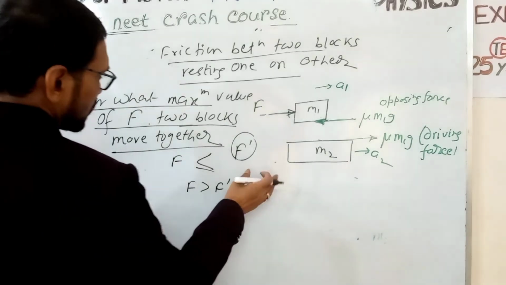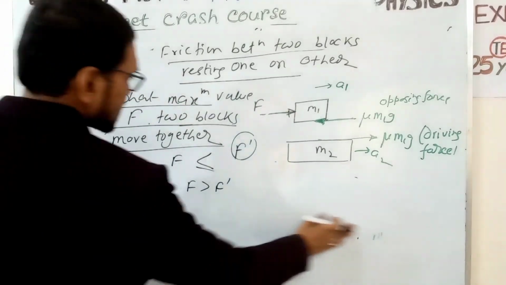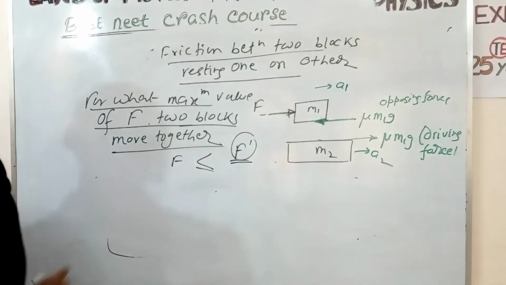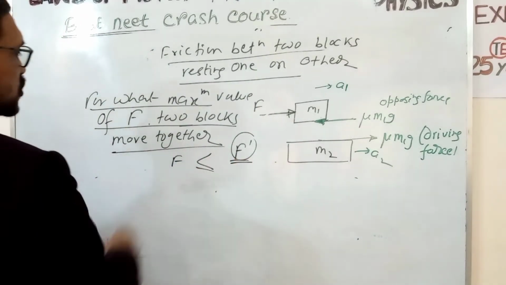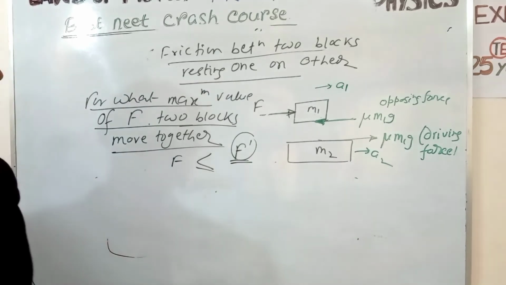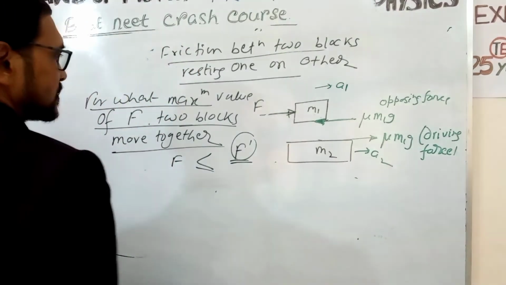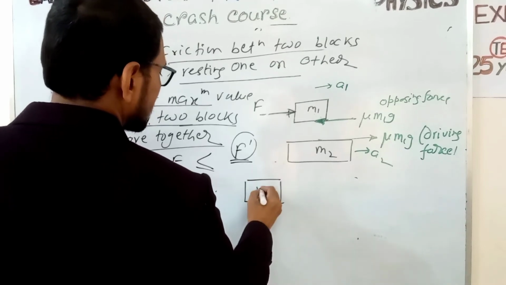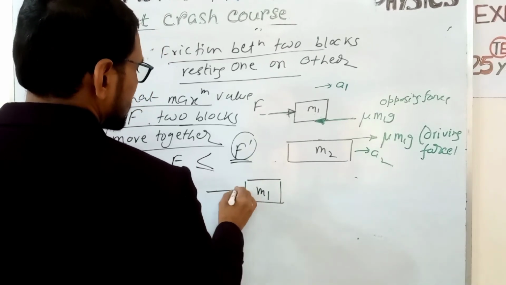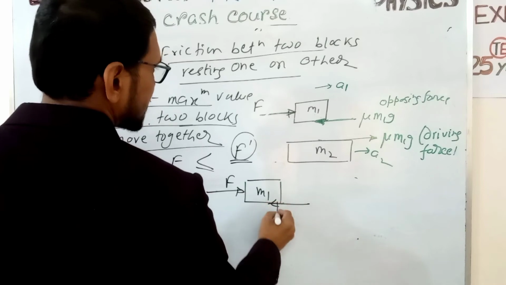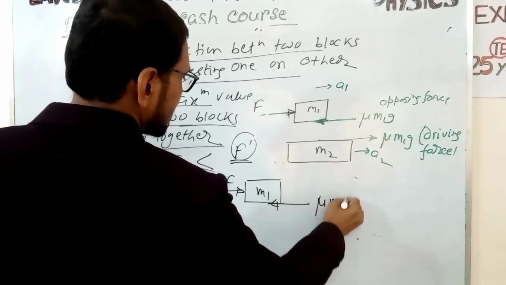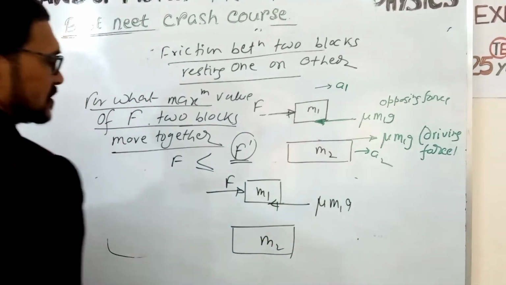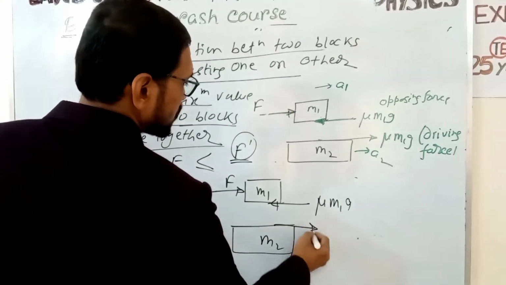So I have discussed what the acceleration is. Now find the value of F dash for which two blocks move together. For that, first the two blocks move together, force is applied here, and friction force acts in this direction, mu m1g, and here the driving force on m2 is this.